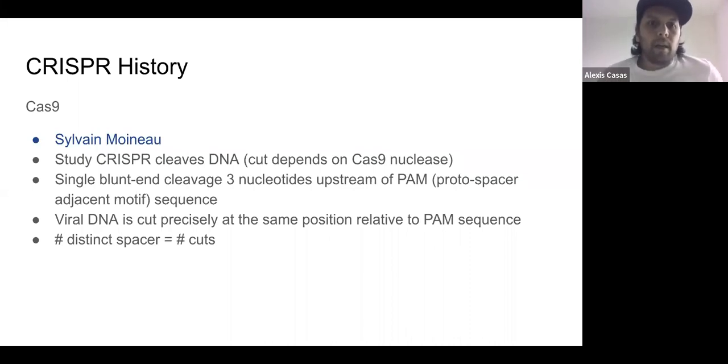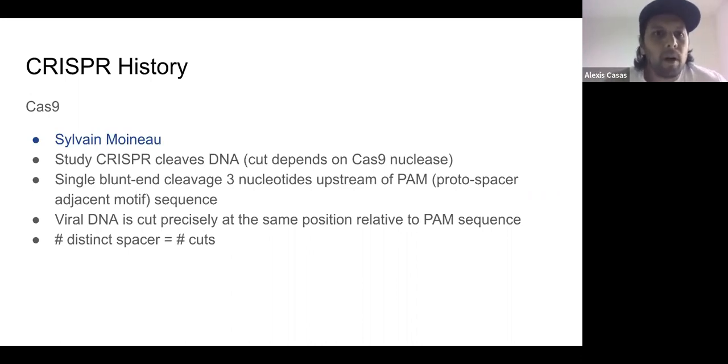And it's a single blunt end cleavage. So you get the blunt end cleavage upstream of that PAM sequence. This little sequence is in the viral DNA and not in the one in the genome.